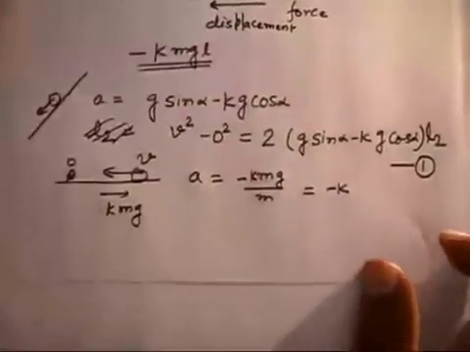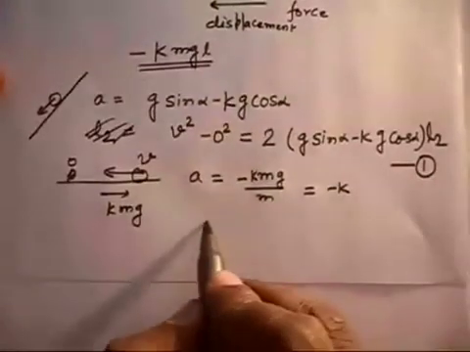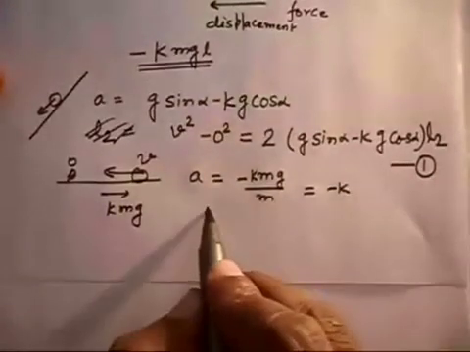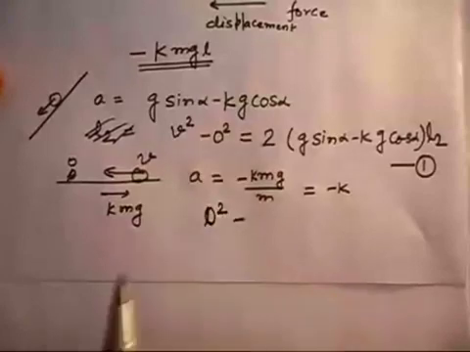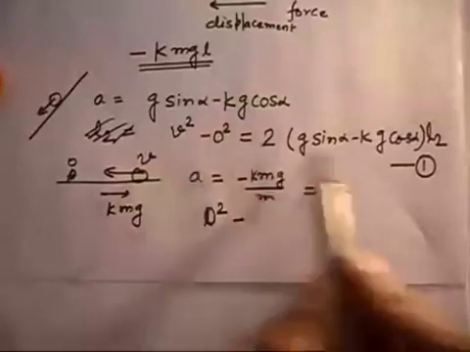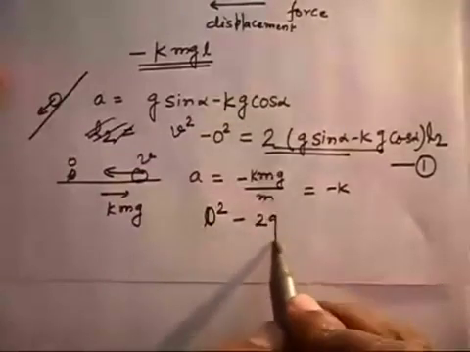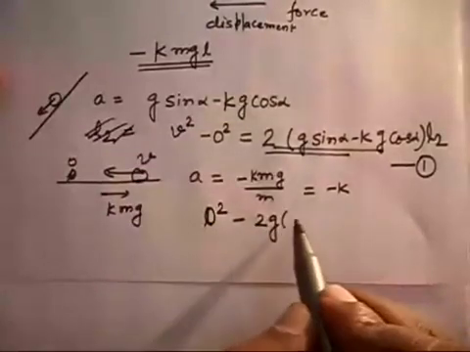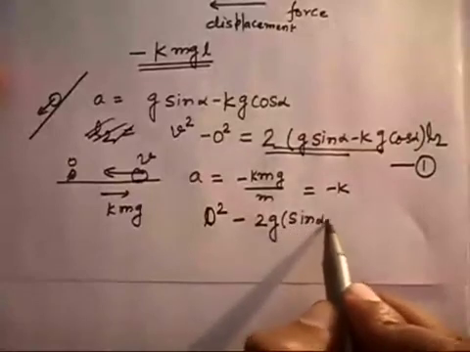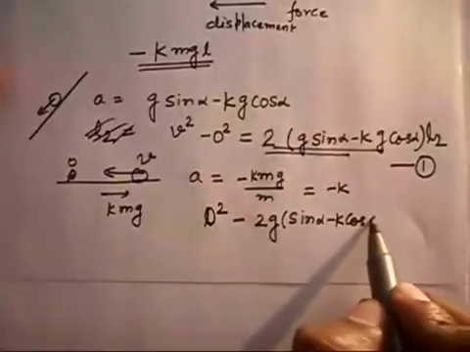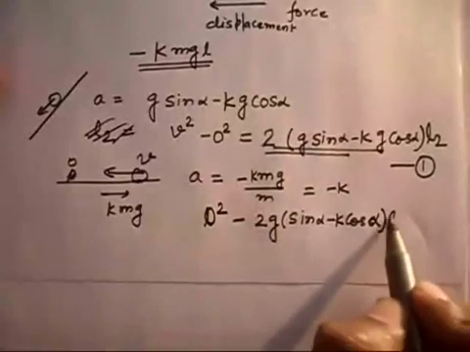Now I can write again v square minus u square is equal to 2as. The final velocity is 0, and u is this, which becomes the initial velocity. So u square is 2g(sin alpha minus k cos alpha) into L2.